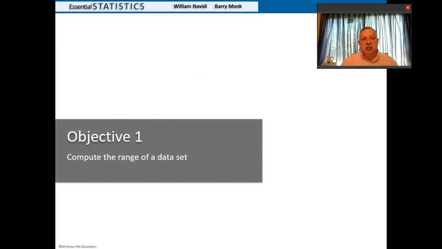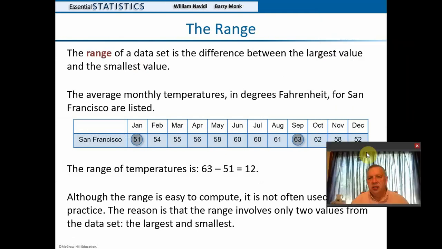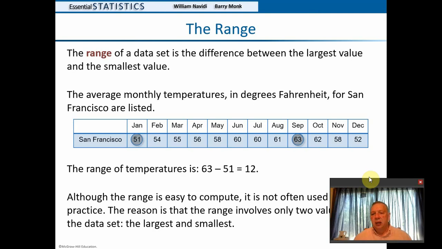So let's talk about computing the range of a data set. Let me make a general statement before we get started. With spread, I am talking about how spread out the data is. I could have two data sets that have the very same mean, and the median if it's symmetric.